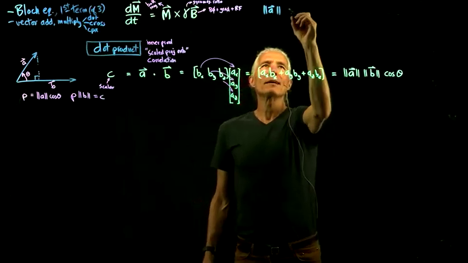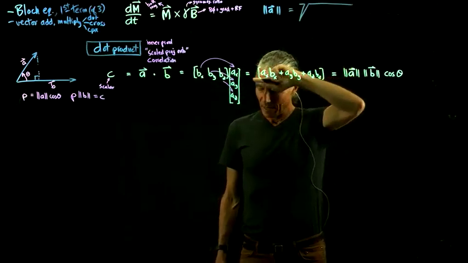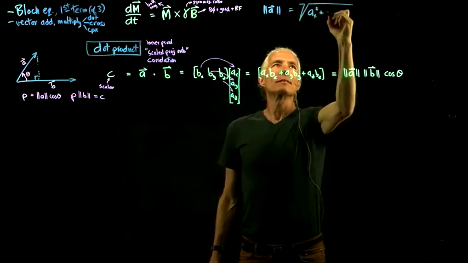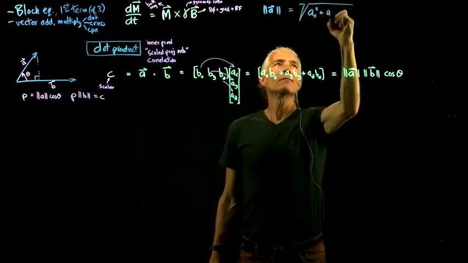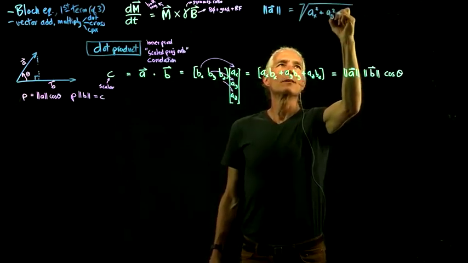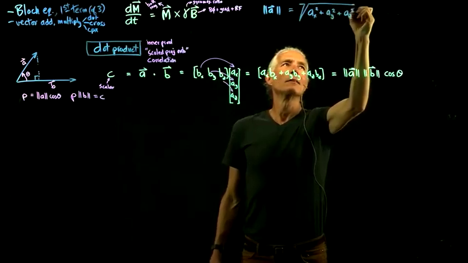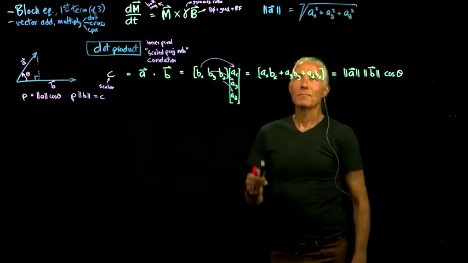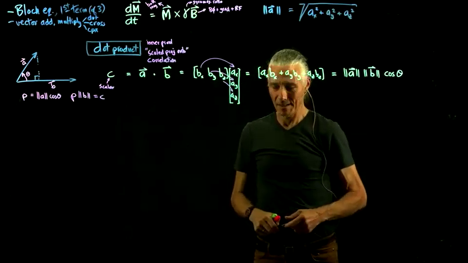Well, the way to calculate that is the square root of ax squared plus ay squared plus az squared. That's the Euclidean distance. If we square each of the components and take the square root of it, that's how you get the distance.